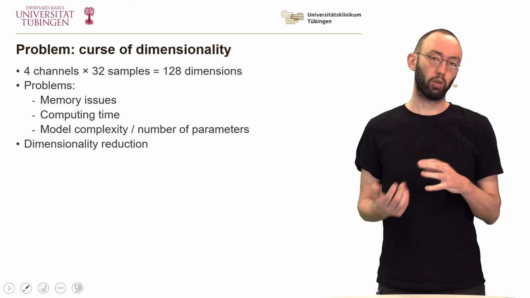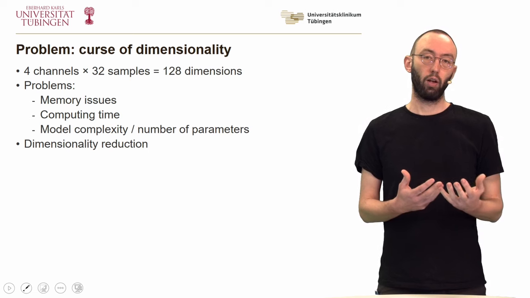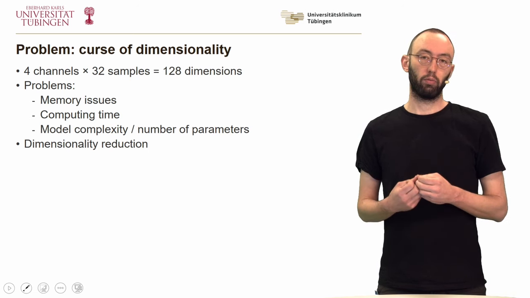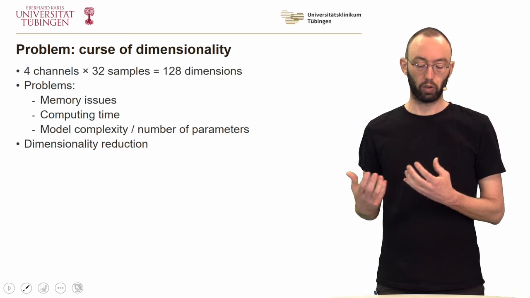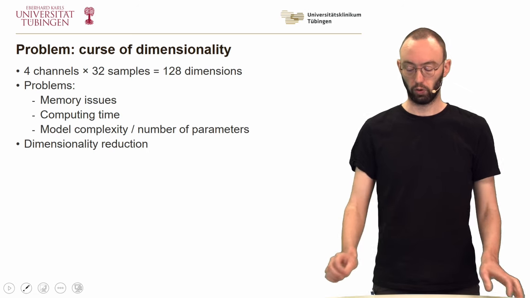So what we do is we do first dimensionality reduction to get rid of some of the features that we don't use, or some of the dimensions that we don't need to use for solving our problem.